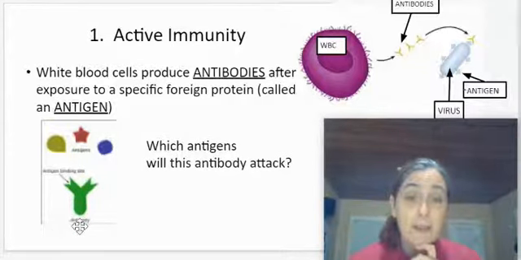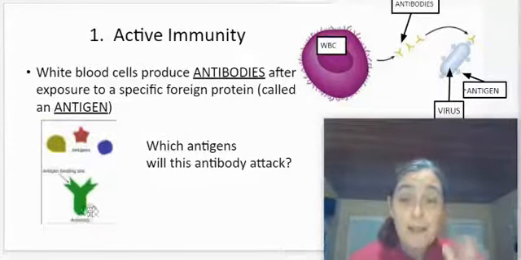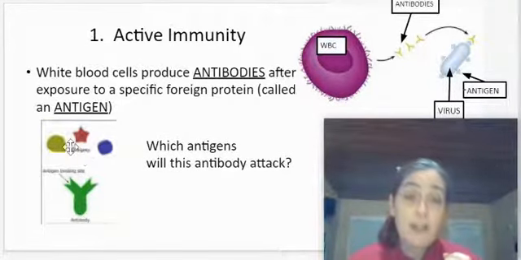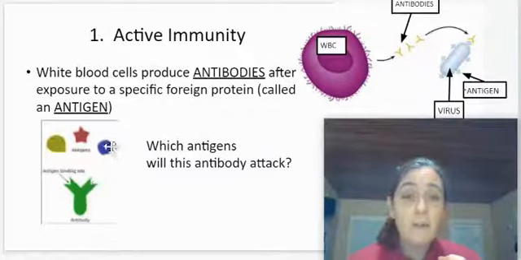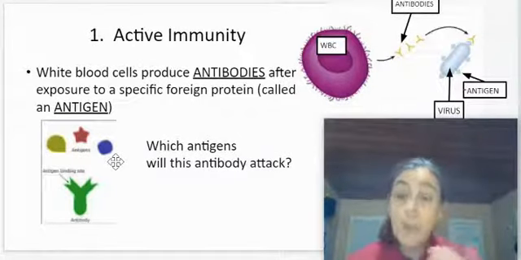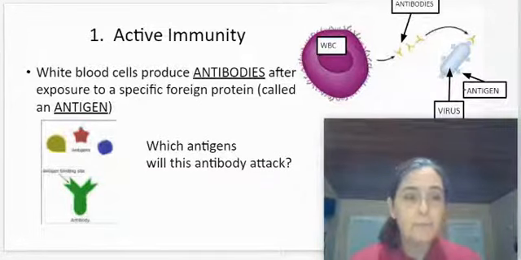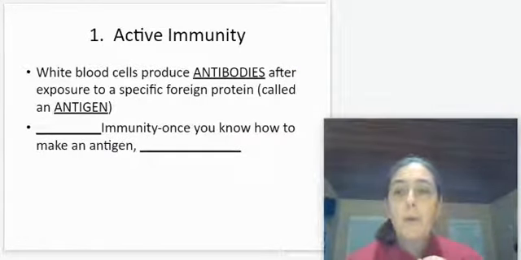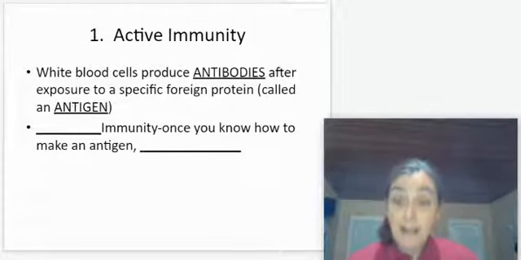So if you look at this antibody, which antigens here will it be able to attach to? It can attach to this one and to this one, but it wouldn't be able to attach to that one. So it's by shape, kind of like enzymes. Okay, so your white blood cells are making these antibodies to attack any foreign proteins that were unknown before. They're called antigens.